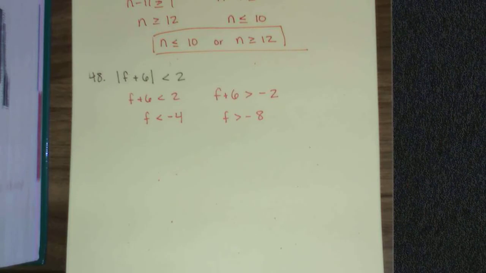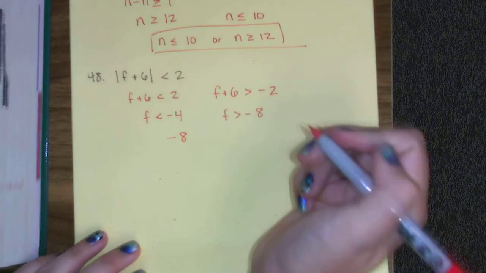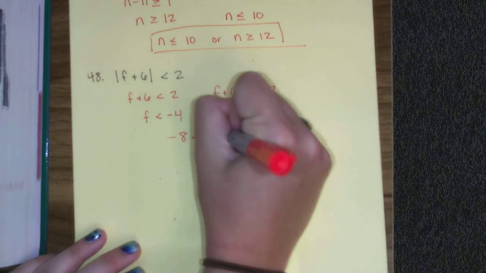Good. This one is an and, because f is less than negative 4, but it's greater than negative 8. So we would need to write this as negative 8 is less than f is less than negative 4.